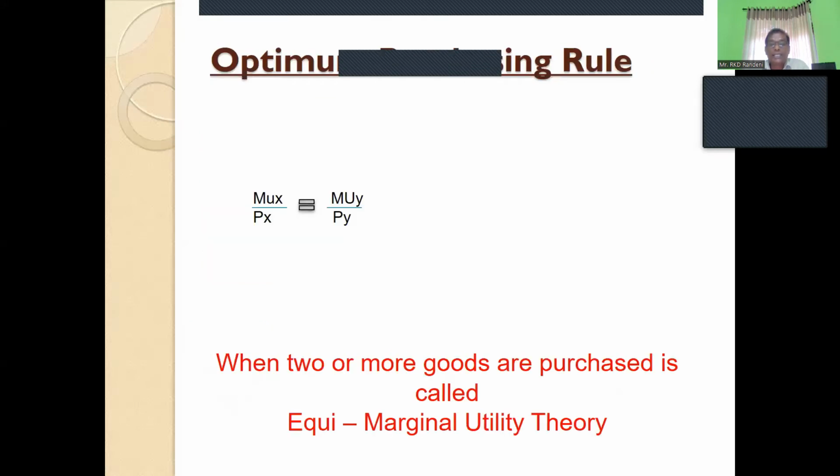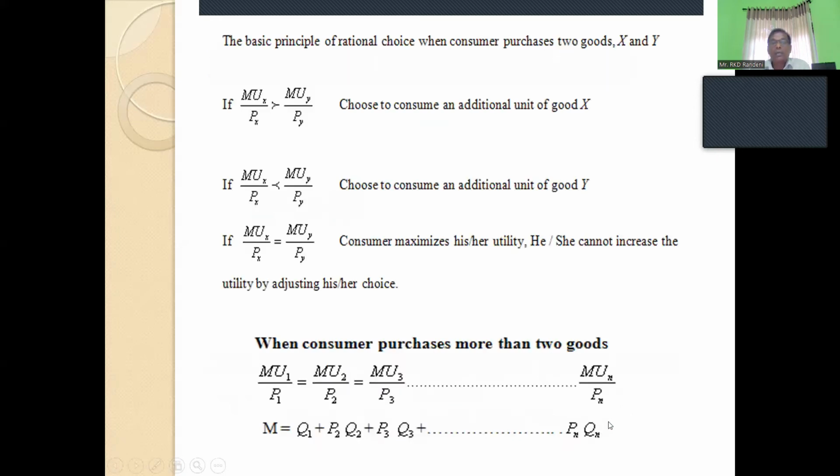Now we are going to discuss equimarginal utility theory. There are two conditions that should be satisfied at the equilibrium point. For the equimarginal theory, the consumer is consuming more than one commodity. When we are going to the market, we are purchasing more than one. That is more practical than the diminishing marginal utility theory.